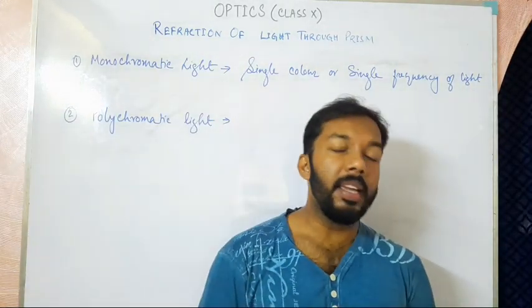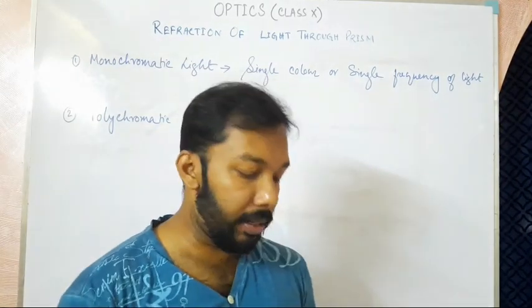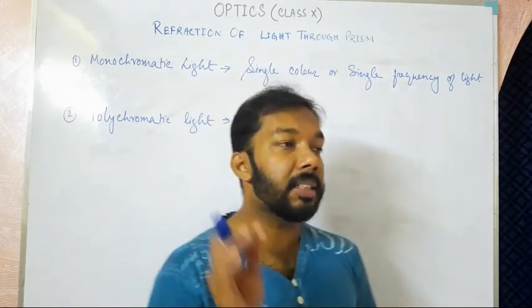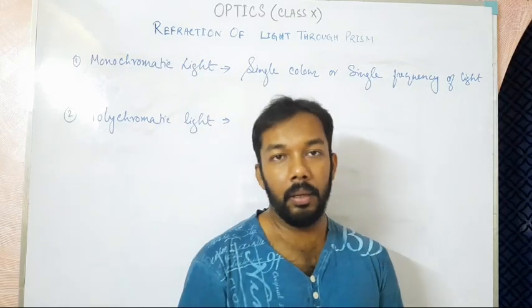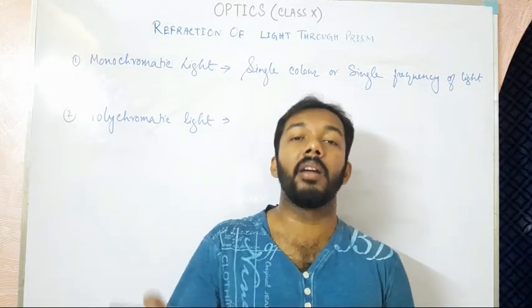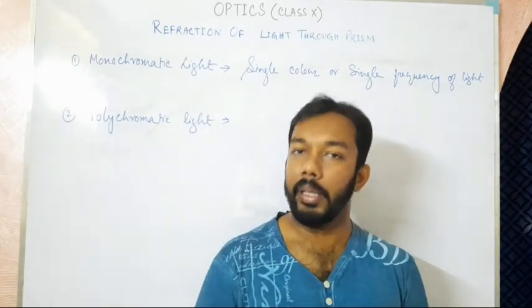Actually, each color has different frequencies. We know there are 7 colors in a rainbow: VIBGYOR, violet, indigo, blue, green, yellow, orange, red, and each color corresponds to a different frequency. Actually, it is in the decreasing order of frequency. Violet has the highest frequency and red has the lowest.